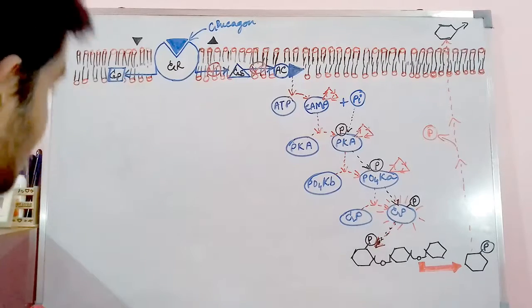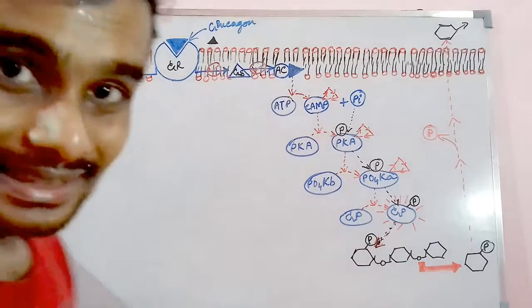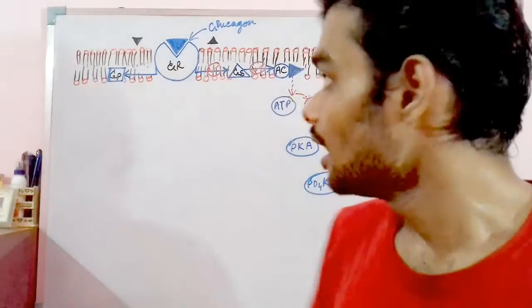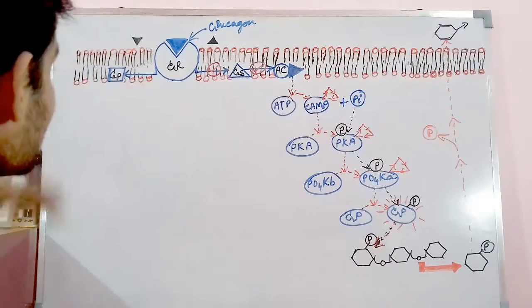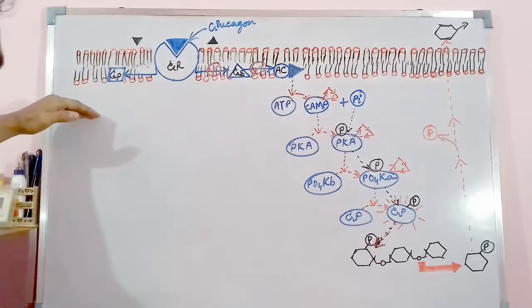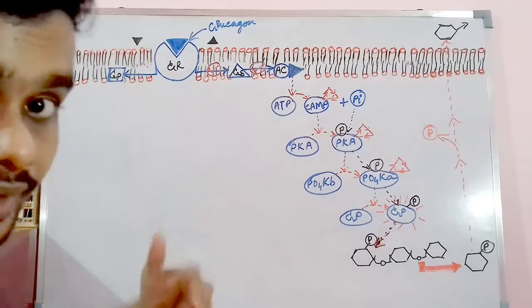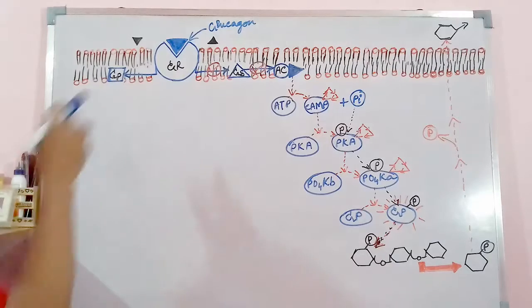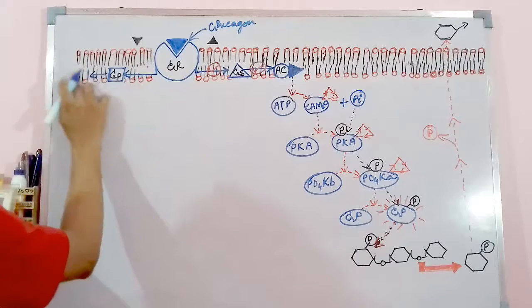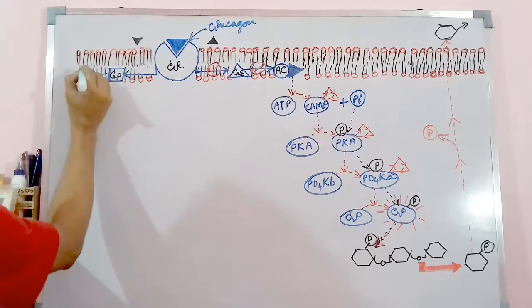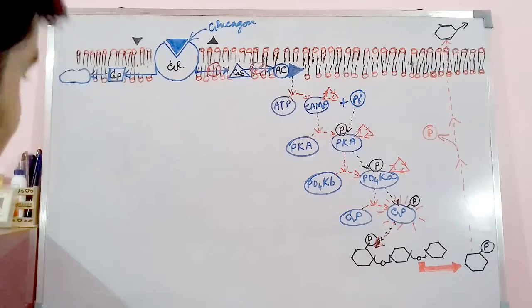And now this Gq, which is another type of G protein, would help in activating a particular enzyme which is present towards the intracellular end of the plasma membrane. In the lower portion of the plasma membrane, this Gq protein activates another enzyme which is known as phospholipase C.